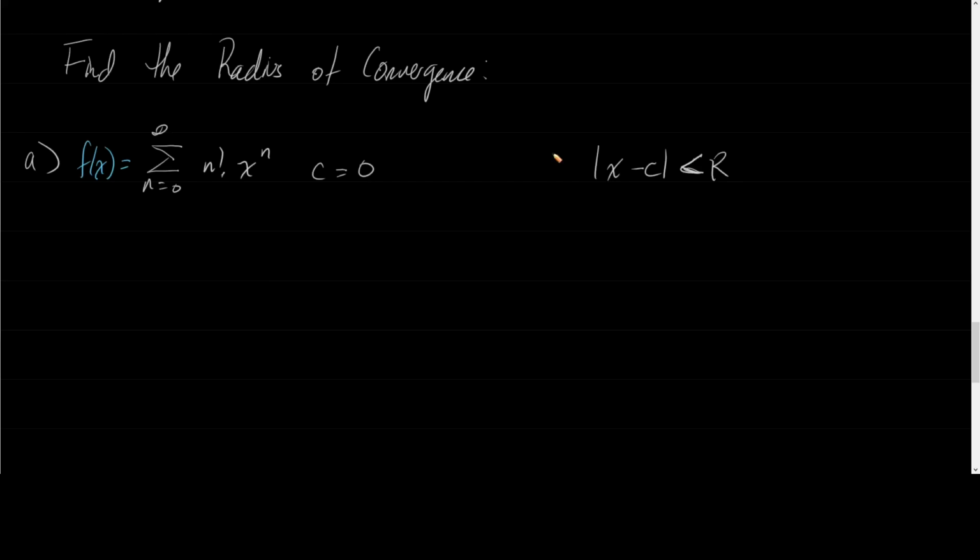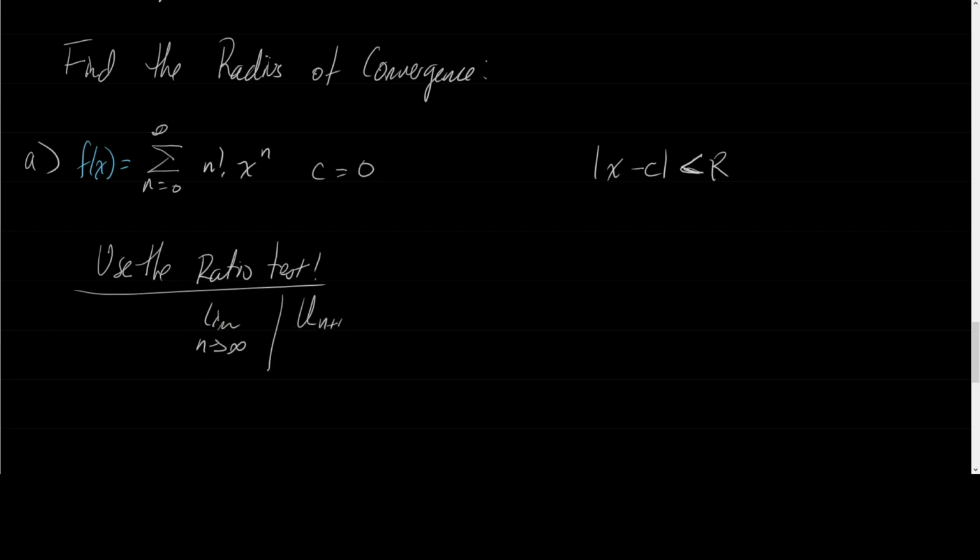Since we want this to converge, we've got a bunch of tests for convergence that we can manipulate. Specifically, we're going to start with the ratio test. Remember that the ratio test was the limit as n goes to infinity of the absolute value of u sub n plus 1 over u sub n is less than 1.